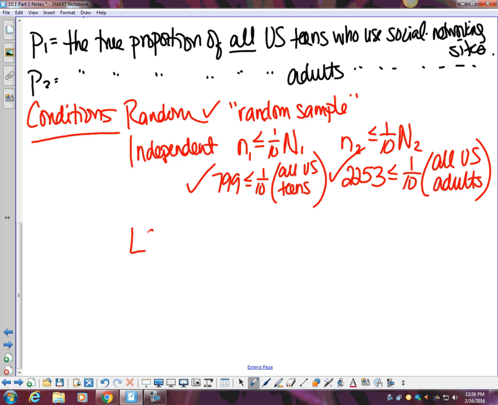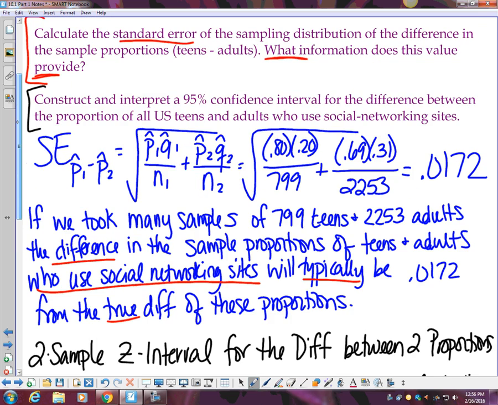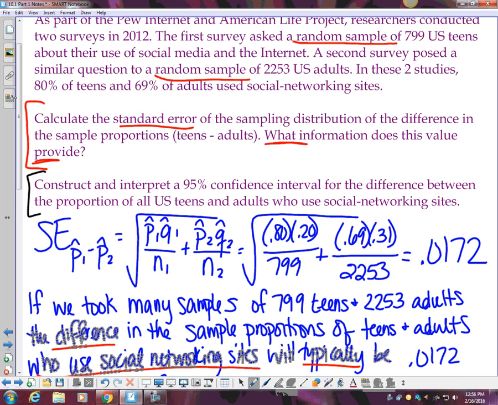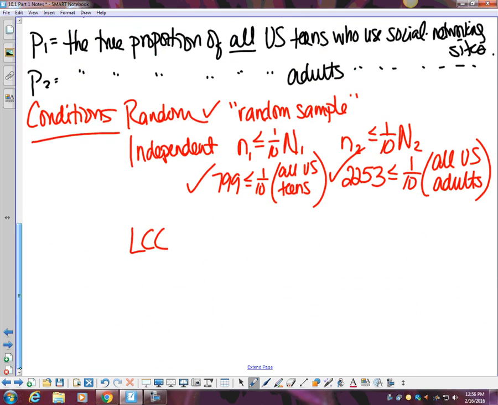The last condition is the large counts condition, and this one gets a little bit more involved because we have two samples. Just watch your sub numbers and whether you need hats or not. So do you need hats for this? Well, think about what your data is. These proportions that we're going to come up with, the 69% and the 80%, is that a proportion or is that a sample? That's from a sample. So then these have to have hats on them.